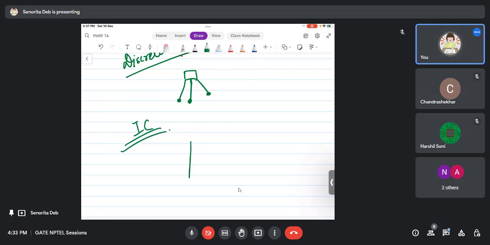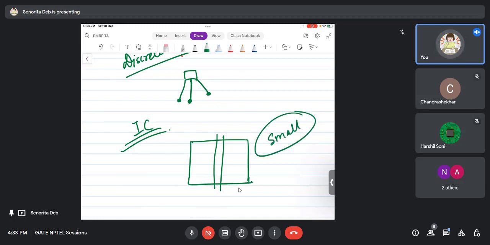In CMOS, you normally see this kind of configuration, where they show the cross-sectional view. The integrated devices will be very small, and these are bigger transistors. That is the difference between discrete transistors and integrated circuits.